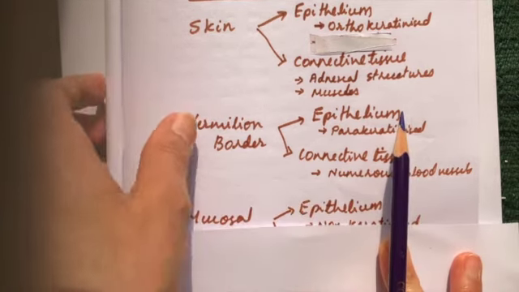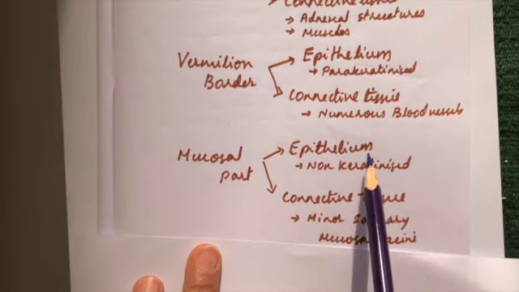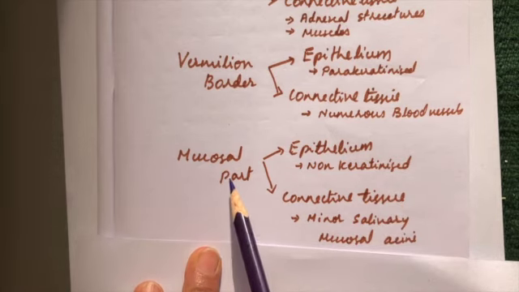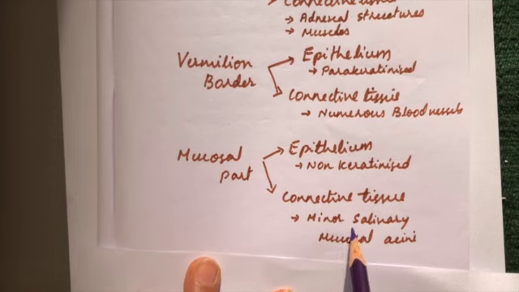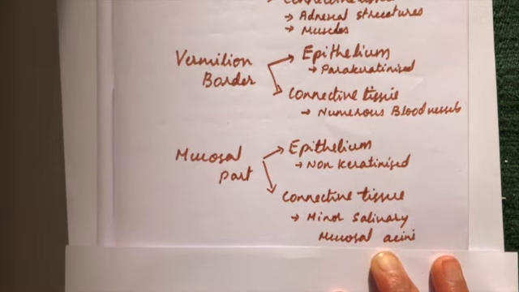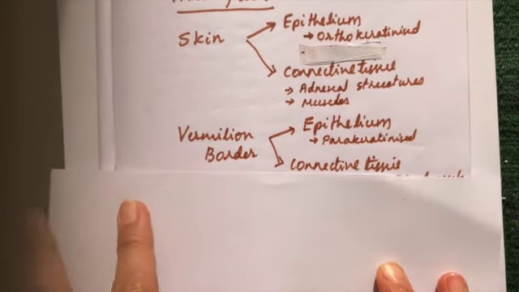Coming to the mucosal part, the epithelium is non-keratinized, and the connective tissue portion has minor salivary mucous acini in this region. So these are the components corresponding to the epithelium and the connective tissue of each zone.